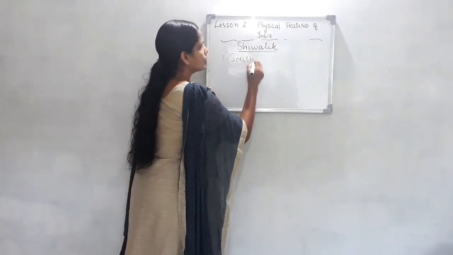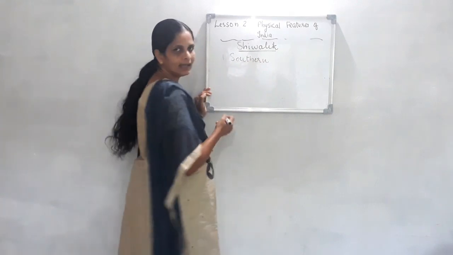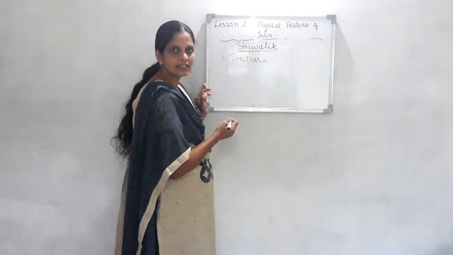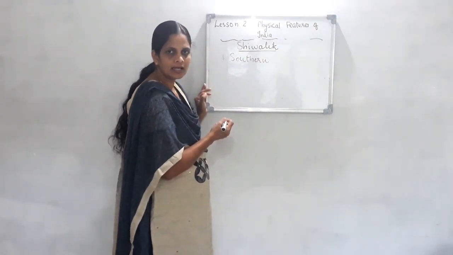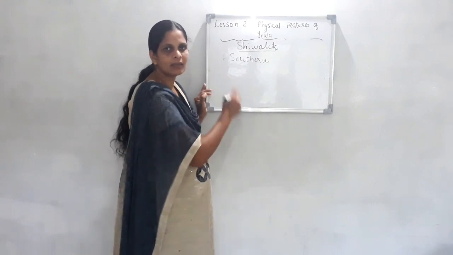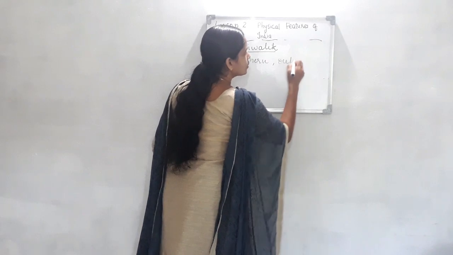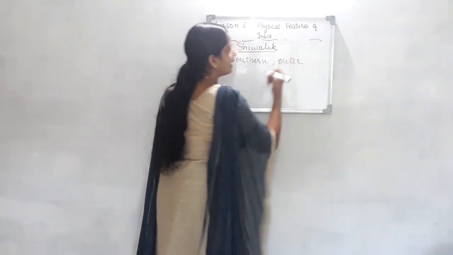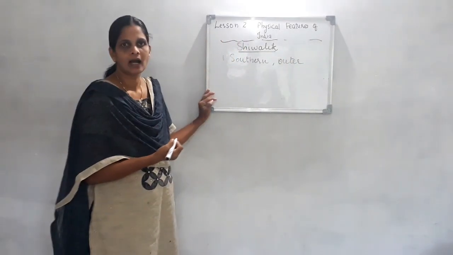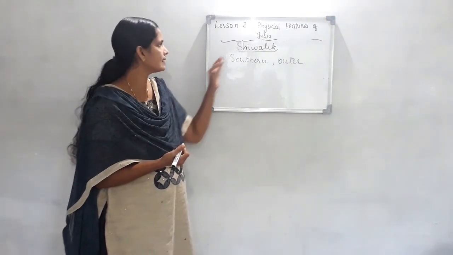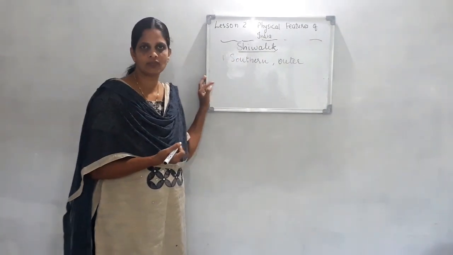That's why it is also called Southern Himalaya. Northern Himalaya is Himadri, Middle Himalaya is Himachal, and Southern Himalaya is Shivalik. One more name, it is also called Outer Himalaya.